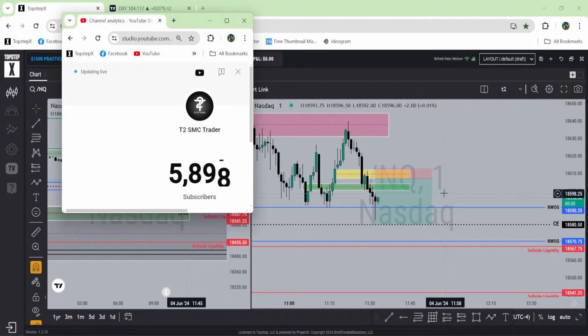Let's see if we can see the 5900 or not. I told you that we would love to see if this works or not. The logic I have just explained on my YouTube channel last night. So here, it's not absolutely perfect because these two fair value gaps have a small gap around that area.